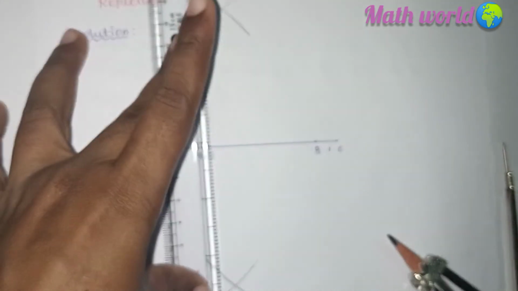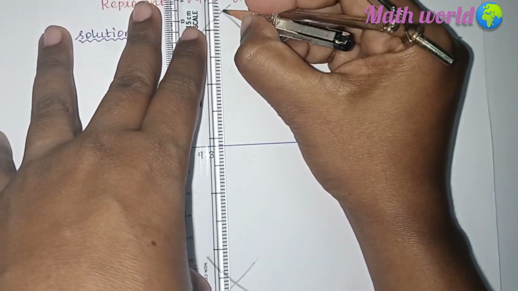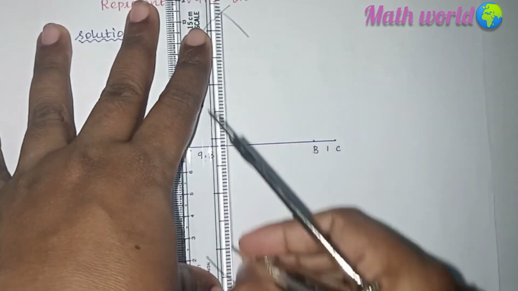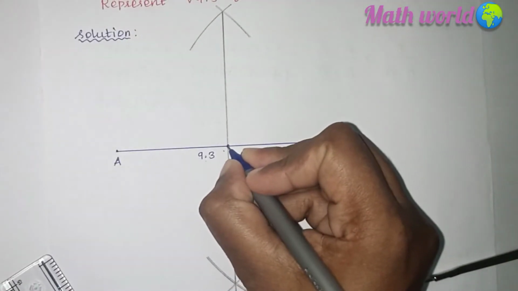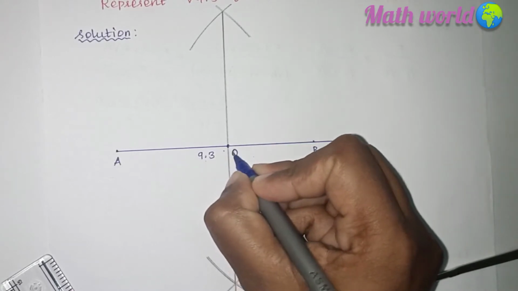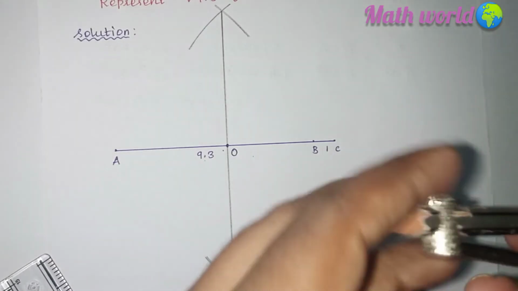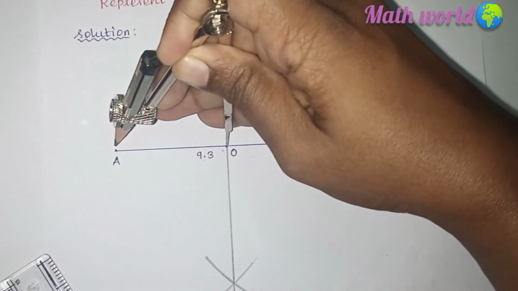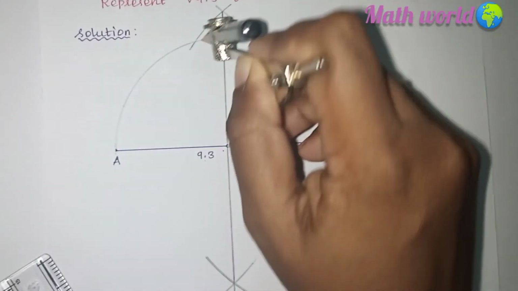Now I join these 2 points where the two arcs meet. This point is the center point, marked as O. Then take the distance from O to A and draw a semicircle.